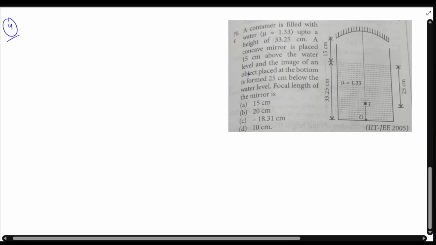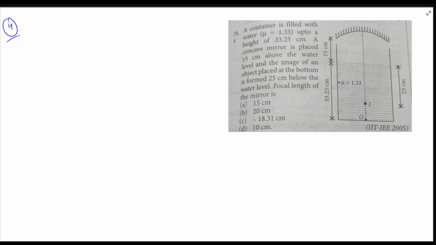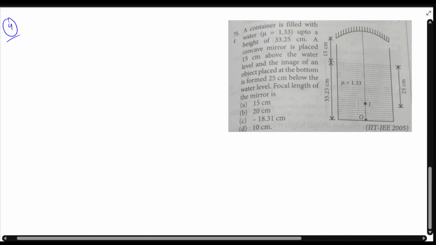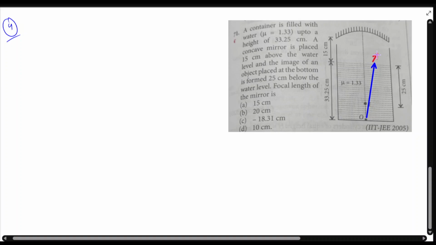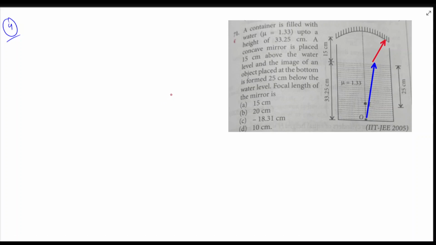So this is quite an interesting question we have. There is an object which is at the bottom of this. Now what happens? Light moves like this, right? Let me show you. Then there will be refraction, so it will move like this, right?